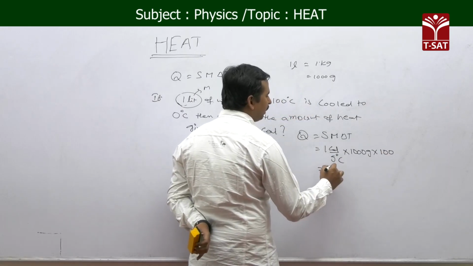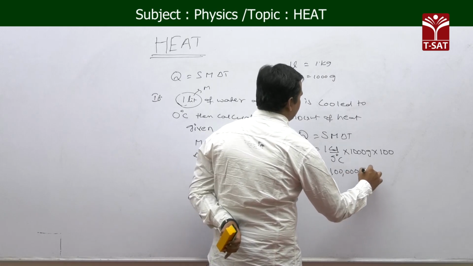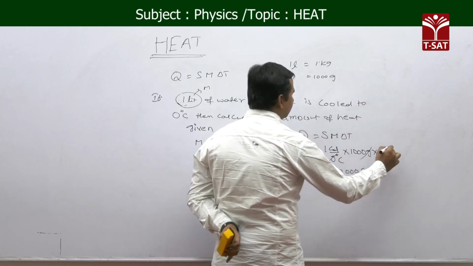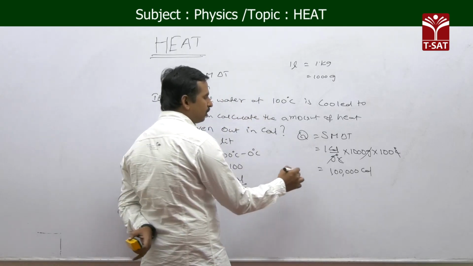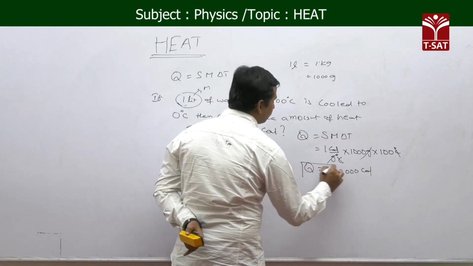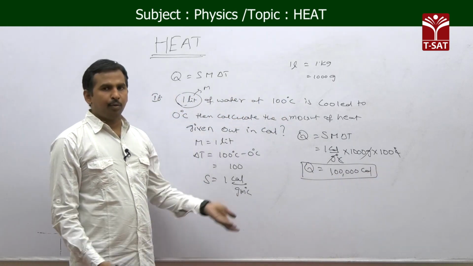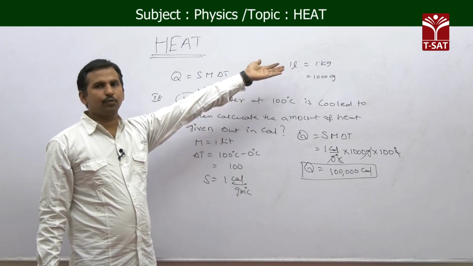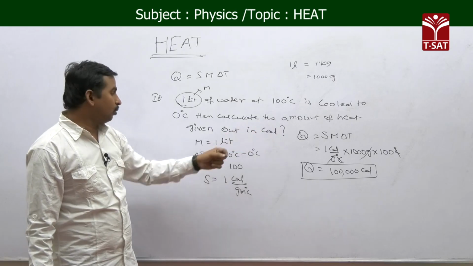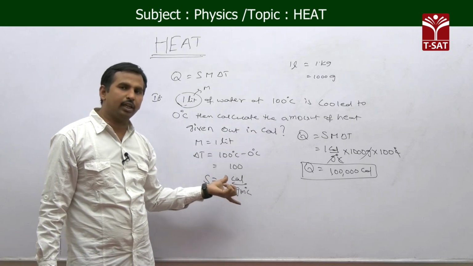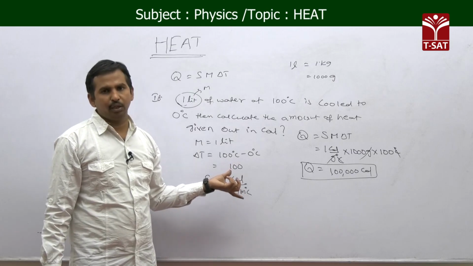Grams and degrees Celsius cancel, and finally we get 1 lakh calories, the heat energy given out. So in both cases, while raising the temperature for heating the body and lowering it for cooling, delta T is positive only. It is not considered negative.